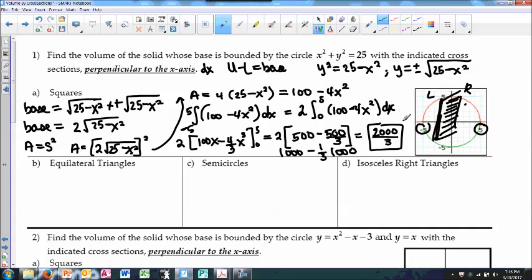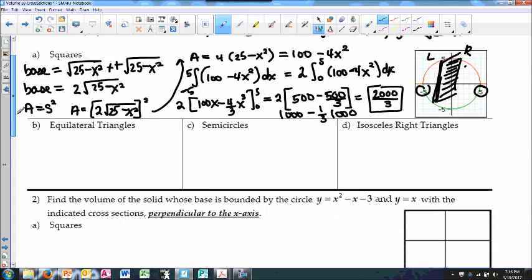Now everything that you do on a free response requires you to write the process that you're doing with correct calculus notation. That means that when I'm finding an integral, I must write the integral and indicate what I'm trying to find. So equilateral triangles, remember we said the formula for the area is √3 over 4 side squared.